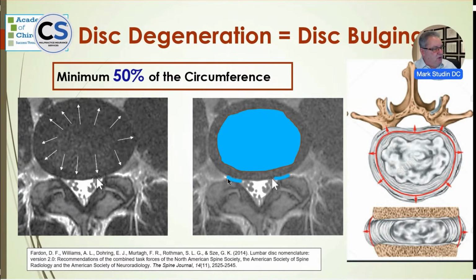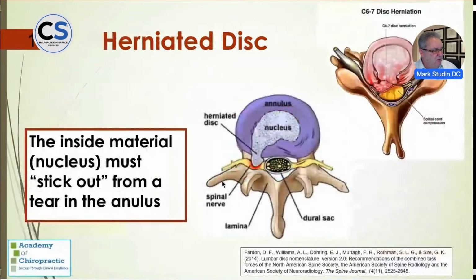Equally, they're usually closed in. What occurs is the disc is wearing thin, like sandpaper on wood, and the disc walls collapse. So nothing is sticking out here. It's pretty much uniform all the way around, and it's a minimum of 50%.